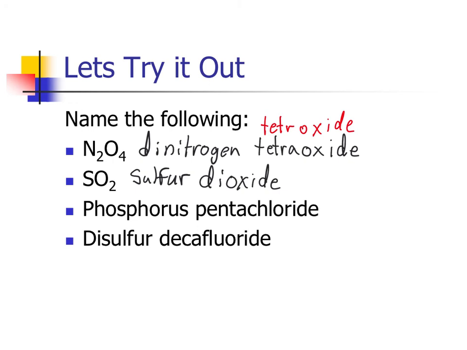Now, naming the other way is just the opposite of what we have been doing. So, for phosphorus, we just write a P. Because penta indicates 5, and we have 5 chlorine, therefore we have that.